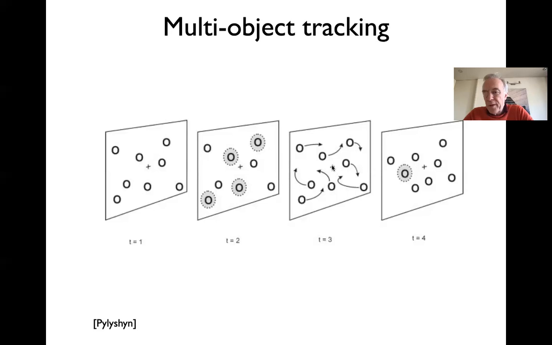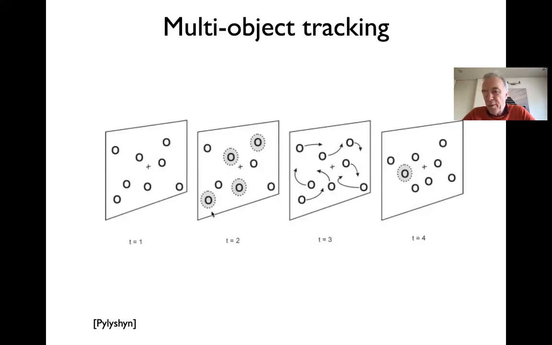For instance, you might be instructed to fixate all the time in the middle, so you can't trace them with your naked eye, but that actually doesn't necessarily help you. And then at some point they stop, and one of those items, for instance, might be highlighted again. You have to say, was this one of the ones that were initially highlighted or not? That's the question you have to answer. Or you might be asked to actually point out which of the items were the original ones.